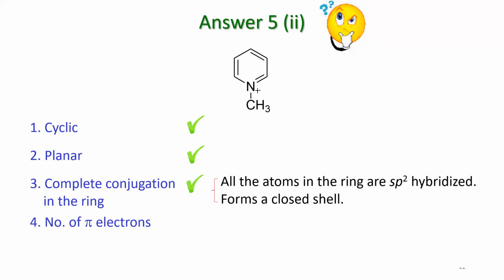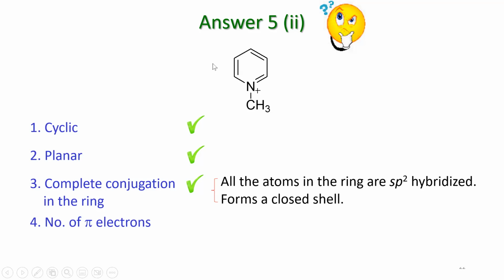Complete conjugation is there because all the carbon atoms are sp2 hybridized and nitrogen is also forming a double bond here. And it forms a closed shell, so pi electrons can circulate in the cloud. Closed shell, right? Not open, closed shell.